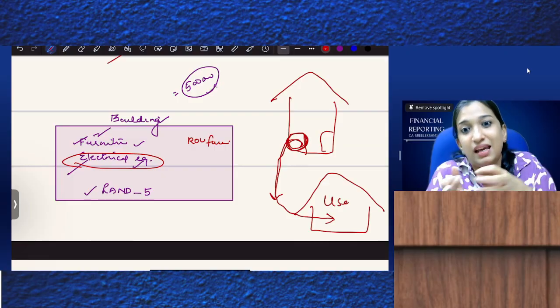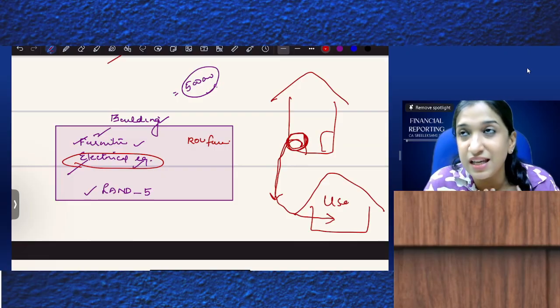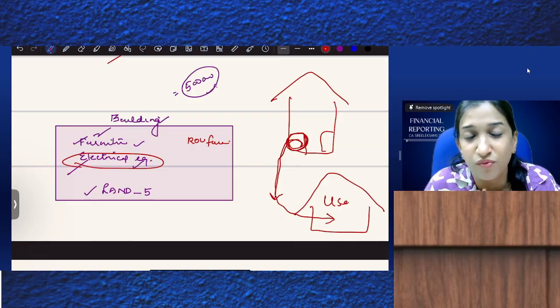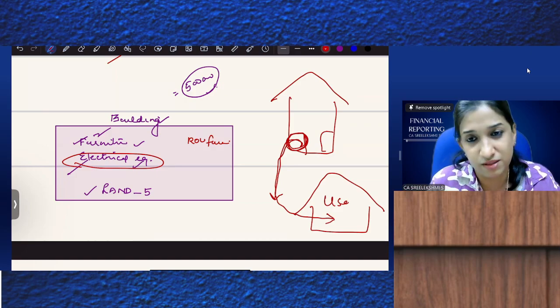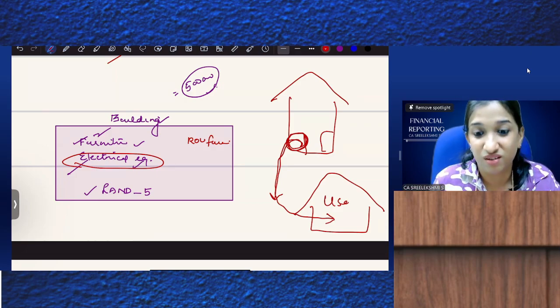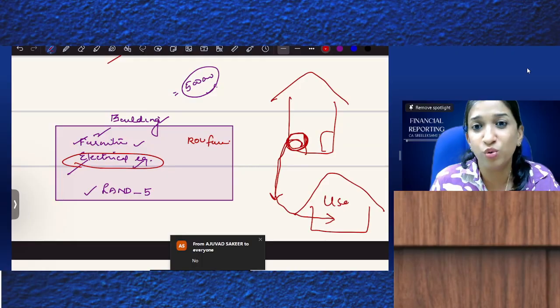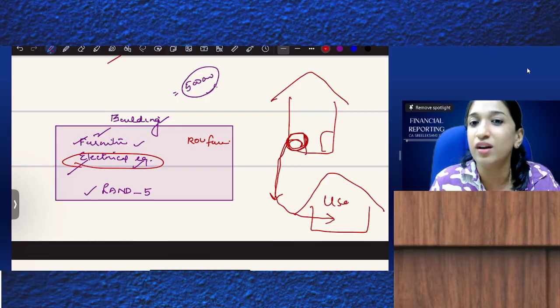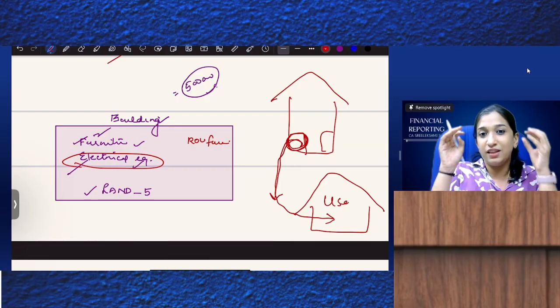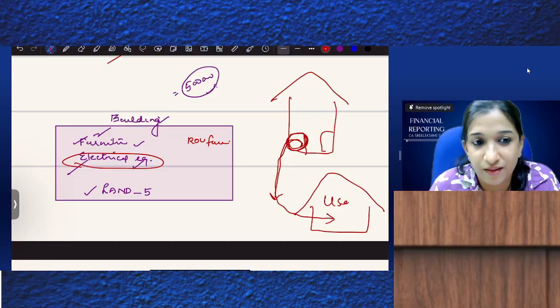If it is centralized, will you be able to separate? No, you cannot take it out. You won't get independent benefit. So in that case, separation is not required because it is highly interrelated or interdependent, already attached to our building.